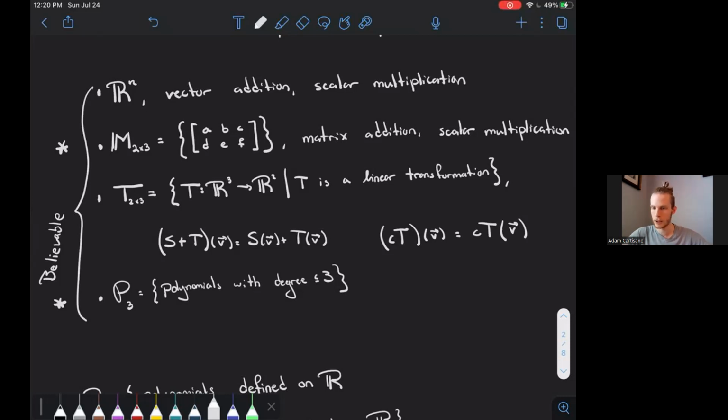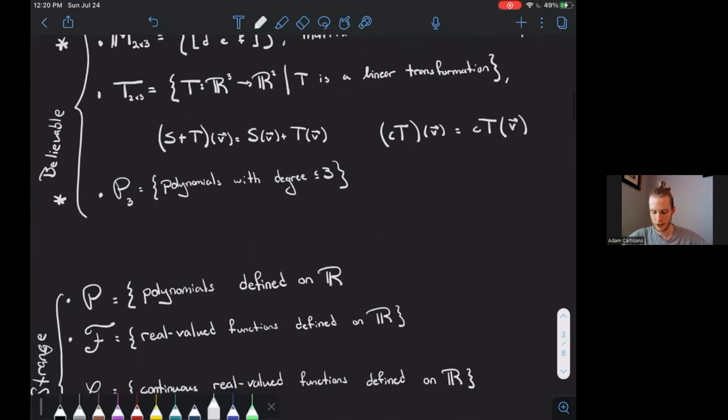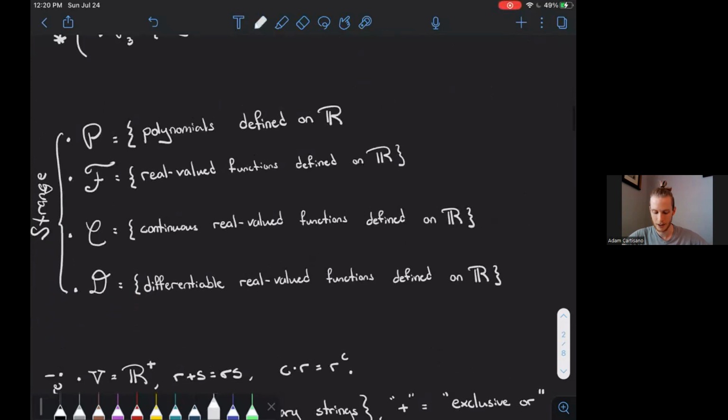I do recommend you pause the video and verify those 10 properties. It won't take much convincing, I hope. Hopefully you've done that. Let's go and look at some more strange vector spaces.